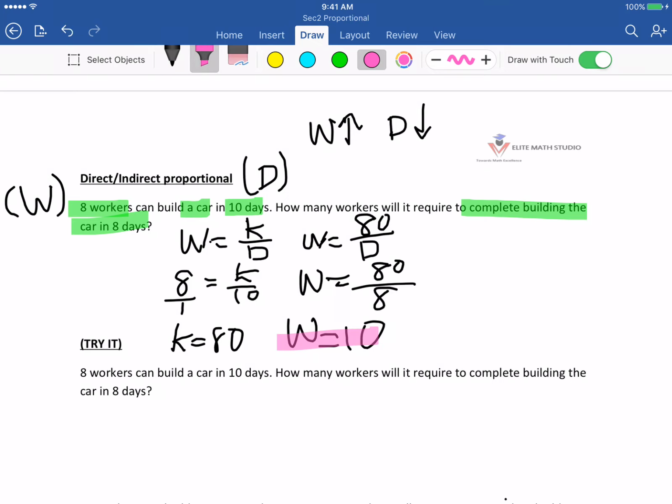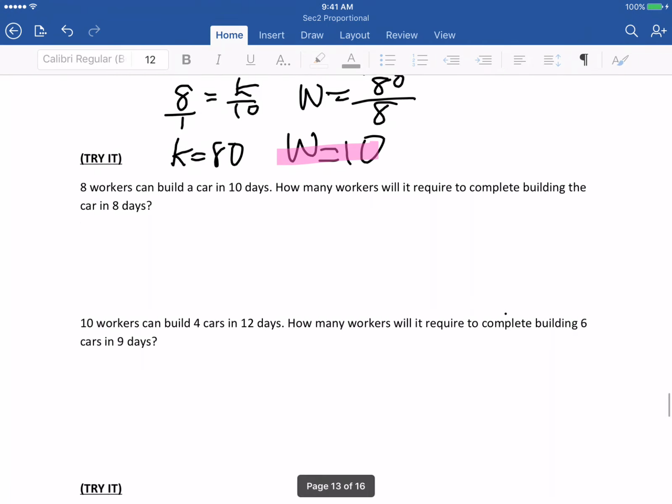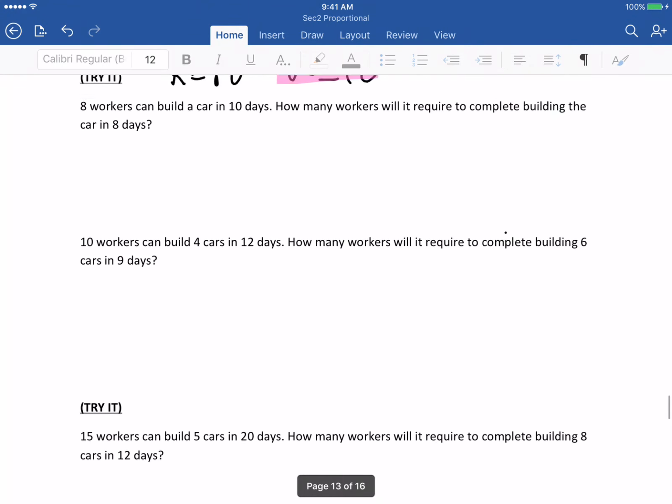Okay, next one. 8 workers can build a car in 10 days. How many workers complete the building in 8 days? Okay, so same thing. You do it yourself. Oh, sorry, this is actually the same thing. Pardon me. So what I need to do is, let me see.